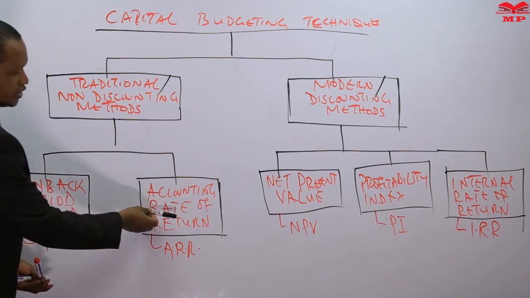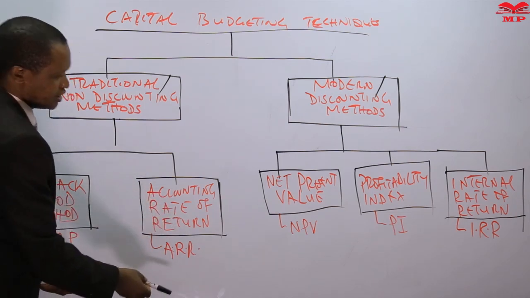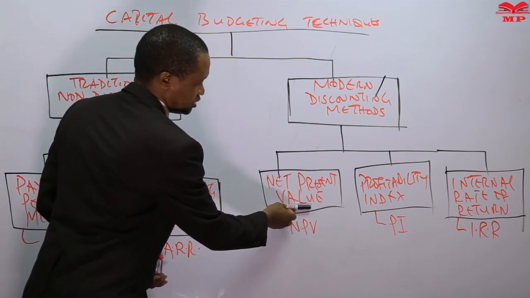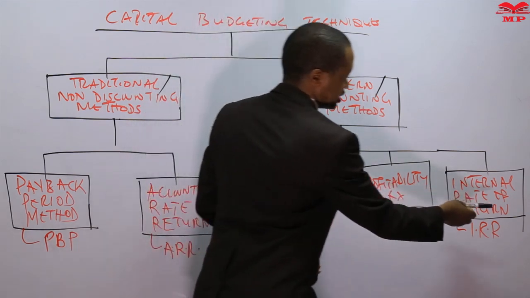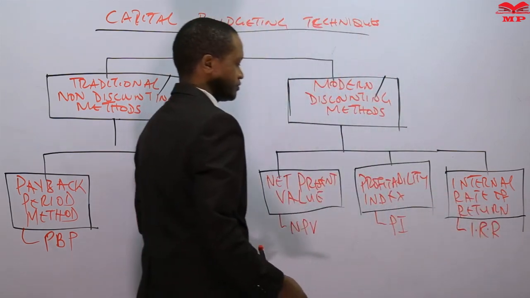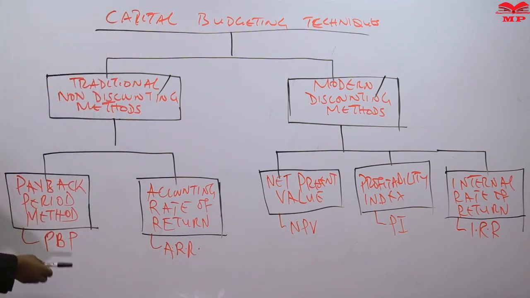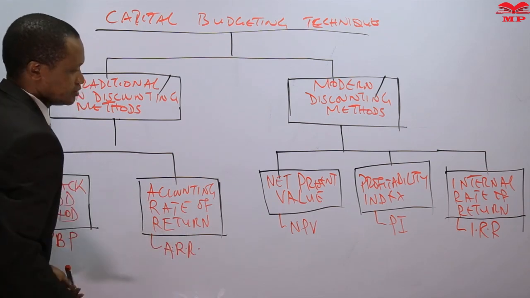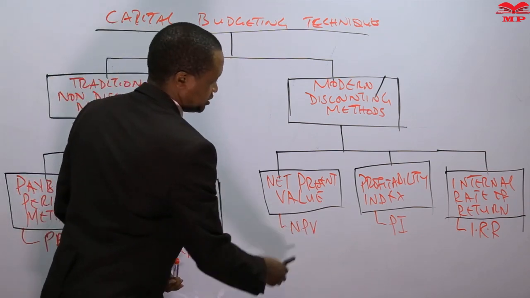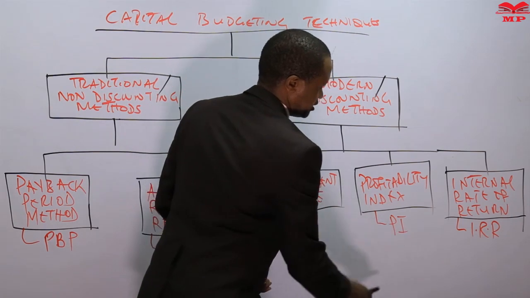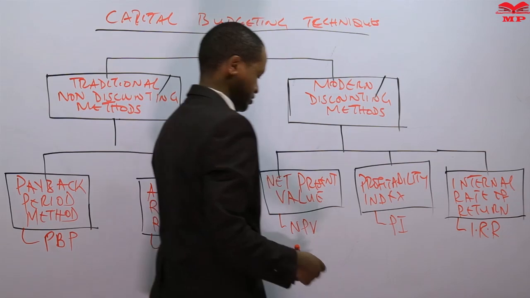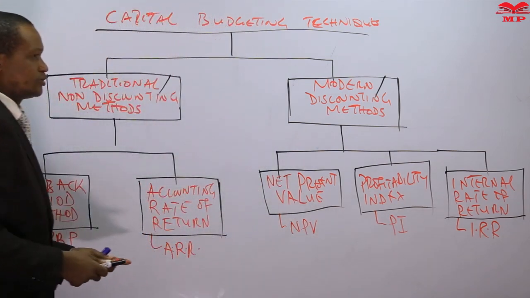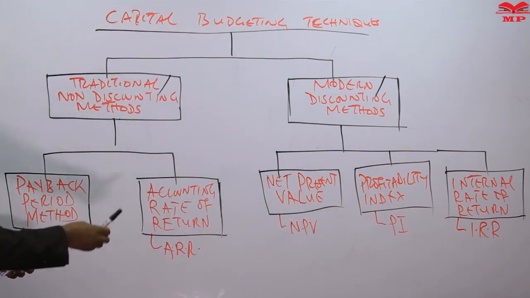Number two, accounting rate of return. Number three, net present value. Number four, profitability index. Number five, internal rate of return. And the abbreviations are PBP, ARR, NPV, PI, IRR.